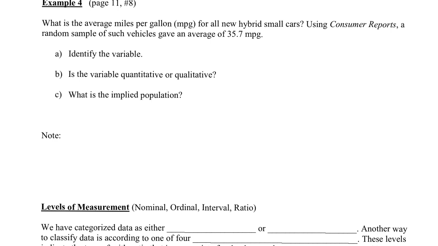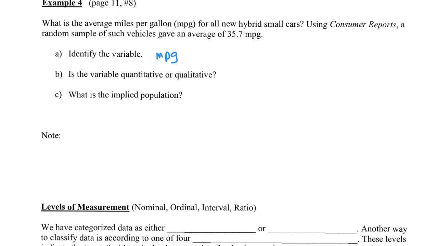Looking at the variable. If you remember, the variable is a characteristic of the individual to be measured, counted, or observed. So the variable here is definitely going to be the mile per gallon rating, right? The thing we're measuring is the mile per gallon rating.